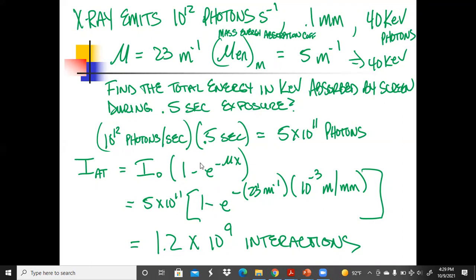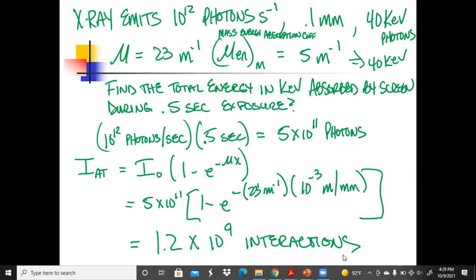So plugging all of this in, we have our initial intensity. We have all of our other coefficients here that we fill in. We know how far this is going to be going in per meter. We have here our energy attenuation coefficient.